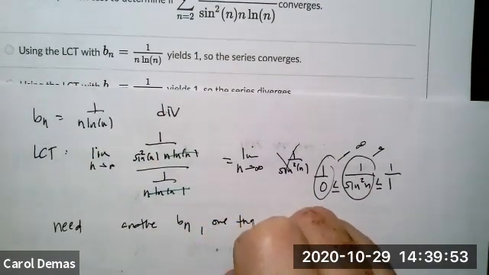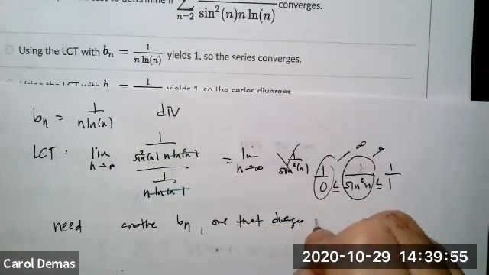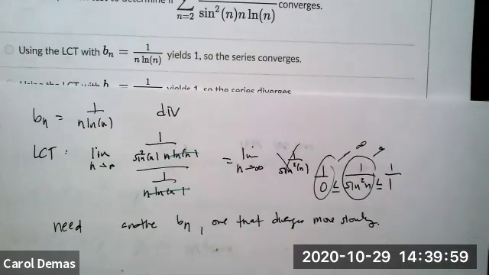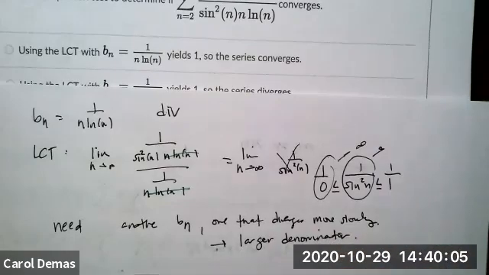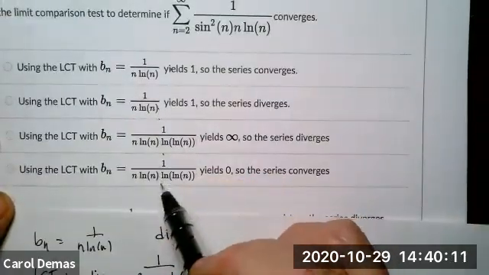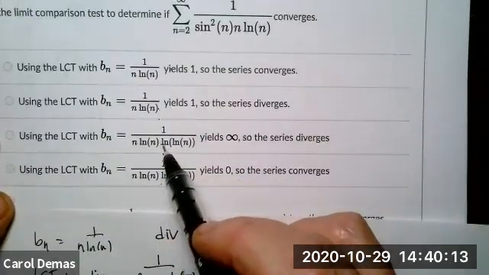That basically means one that has a larger denominator. And in fact, he gave us a larger denominator. These are our only 4 choices.